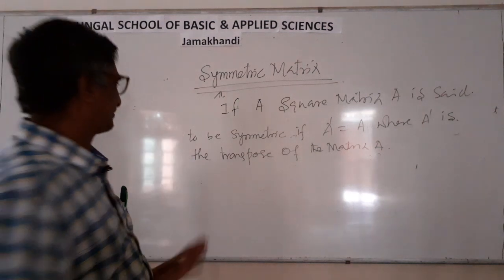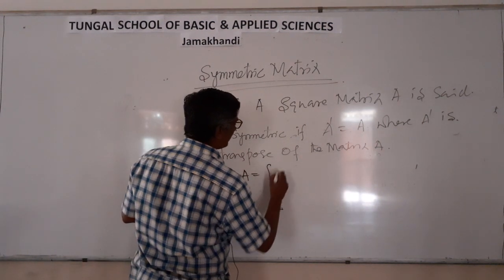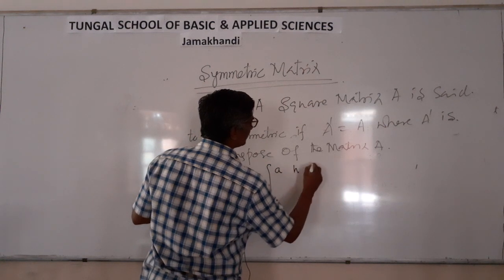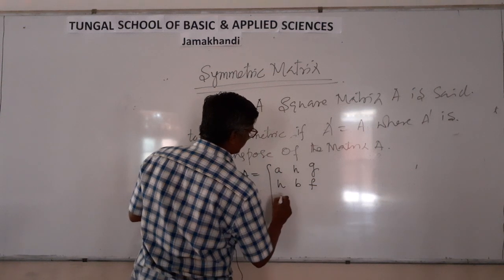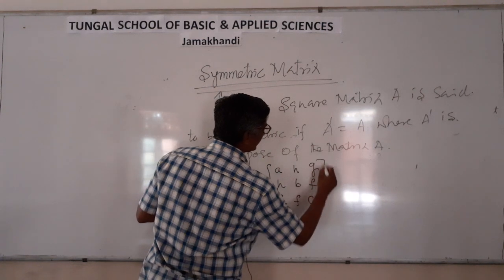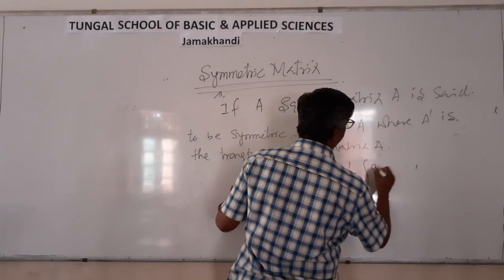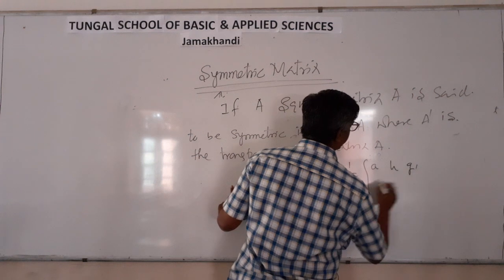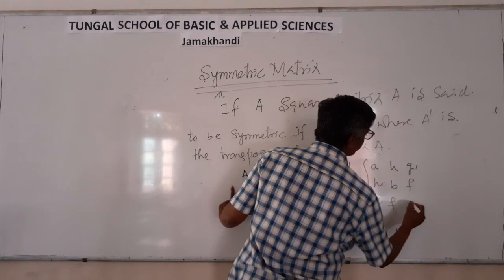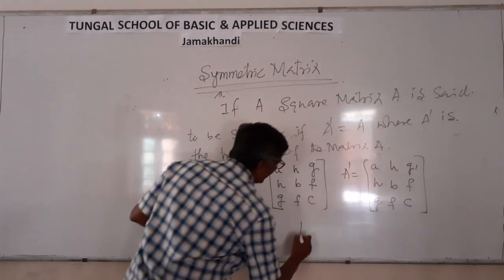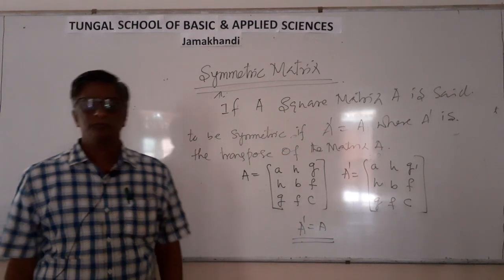Example: A equal to A, H, G, H, B, F, G, F, C. Transpose A dash equal to A, H, G, H, B, F, G, F, C. A dash is equal to A. This is what?